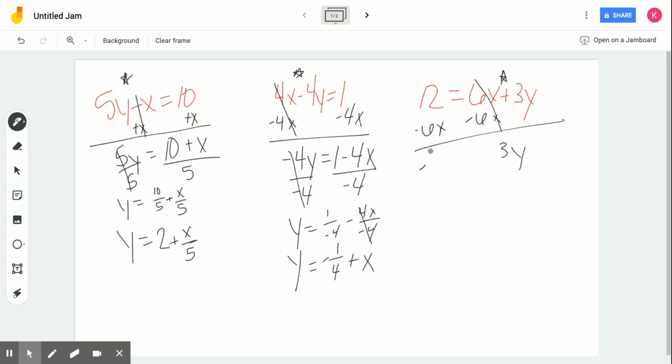They do not have the same variable. So this would be negative 6x plus 12 equals 3y. To get the y by itself, since it's being multiplied by 3, we would divide by 3. 3y divided by 3 is y. Again, each term here would be divided by 3.